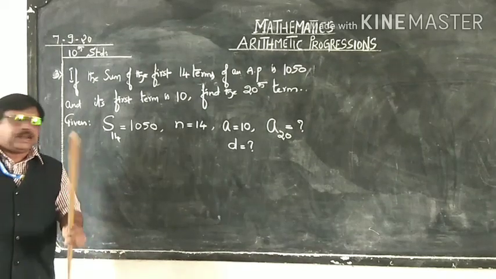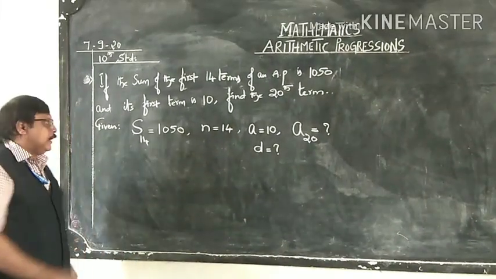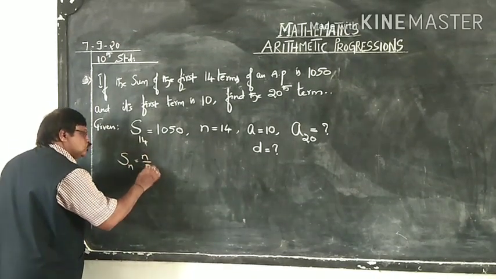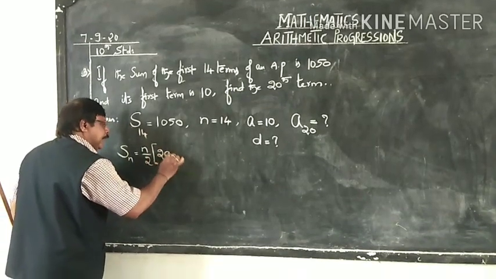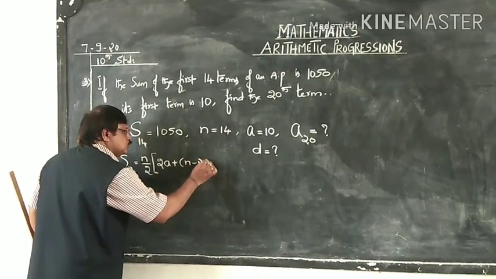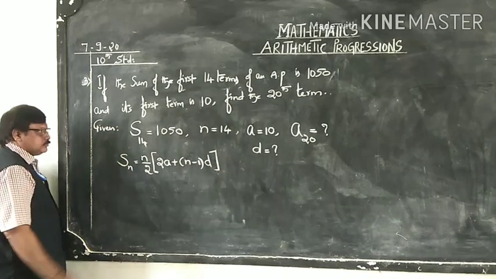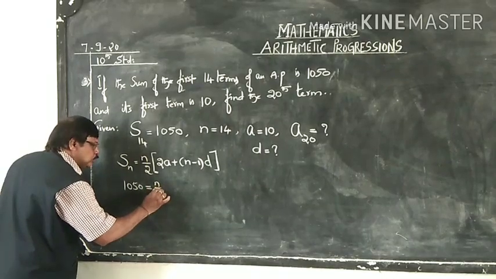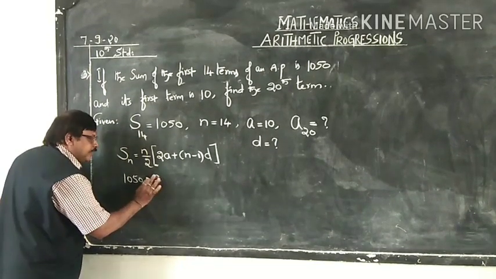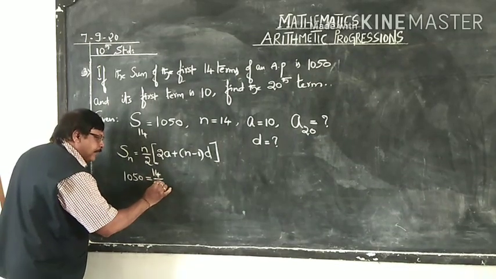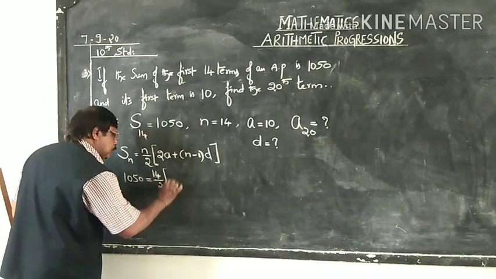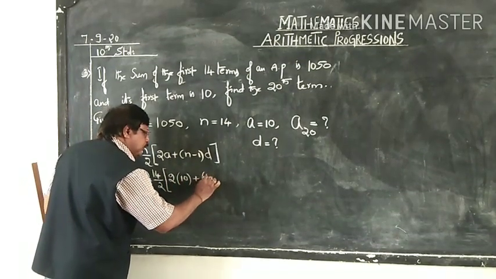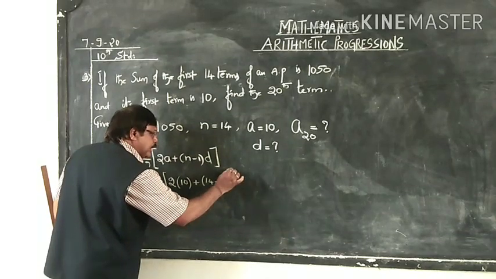The sum is given, so you apply the second formula. Sn is equal to n by 2 into 2a plus n minus 1 into d. 1050 is equal to n by 2, I can write n as 14 by 2, into 2 times a, which is 10, plus 14 minus 1 into d.